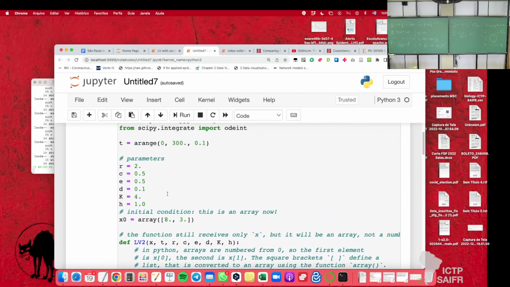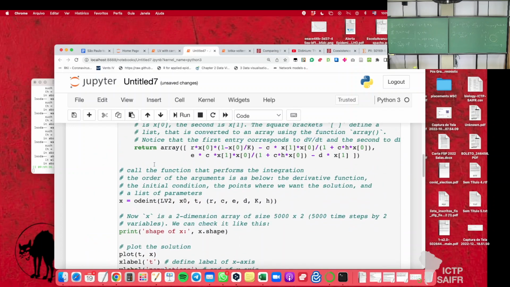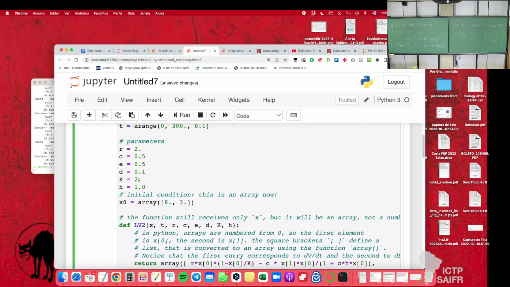So if I modify k, let's say I will now take, instead of 4, let us take 2. And run it. Fixed point. Between 2 and 4, something happens. Let's try 3, okay?